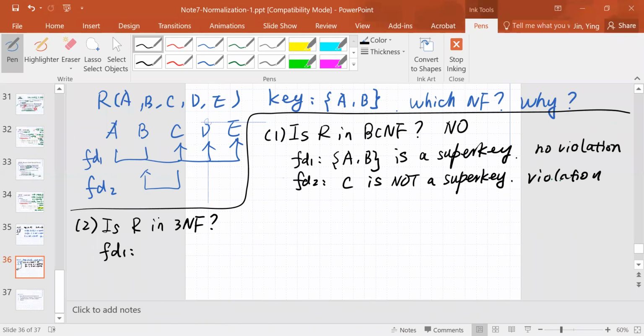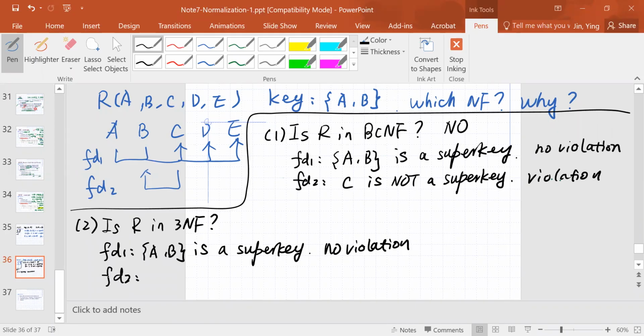So for FD1, I can see AB is a super key. So this is no violation. Then we move on to FD2. You already know C is not a super key, right? So that's not going to make this true. So I can check the other side, B. I want to see if B is prime or not. And we know B is a part of the key. So B is a prime attribute.